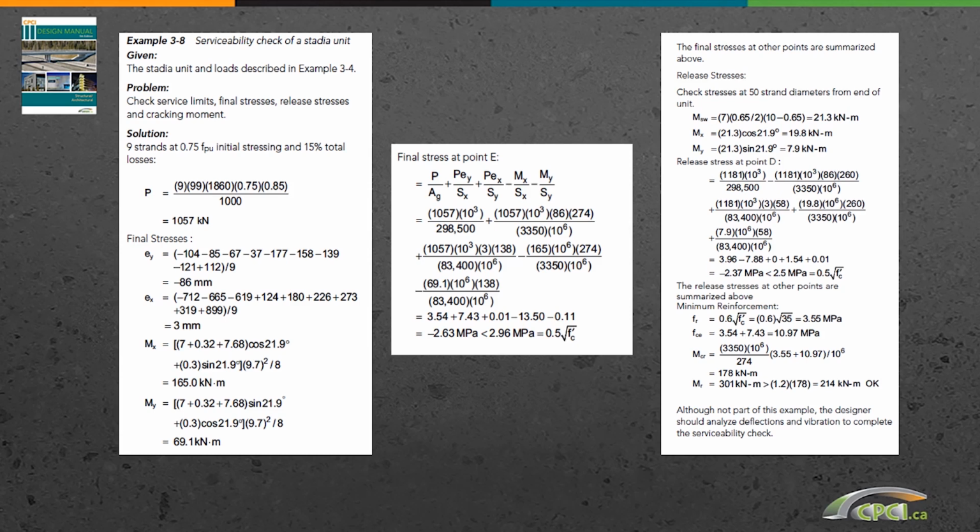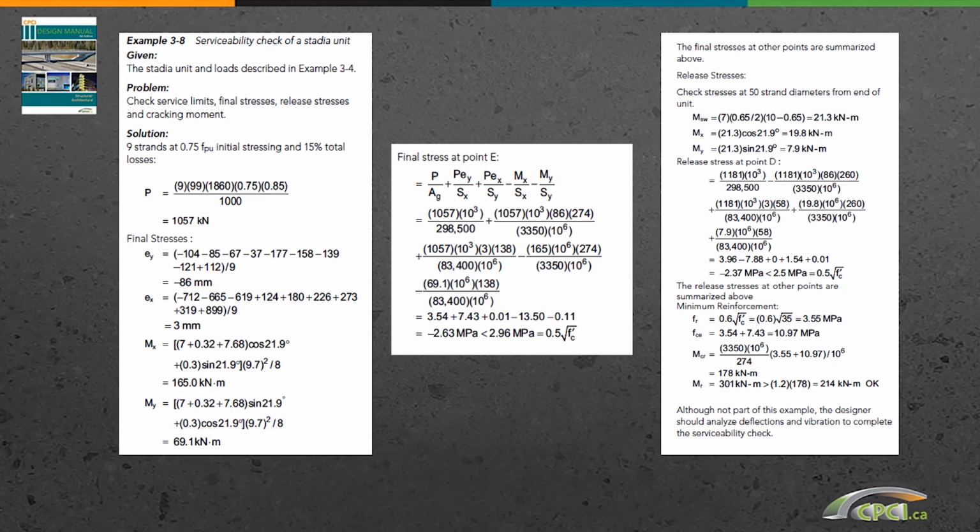Here we are checking one point as an example. We calculate the moments MX and MY, because now we have two components of the moment, since we're calculating everything at theta equal to 21.5 degrees, I believe. So we have a value for MX and a value for MY as components of M, which is the total moment acting on the section.